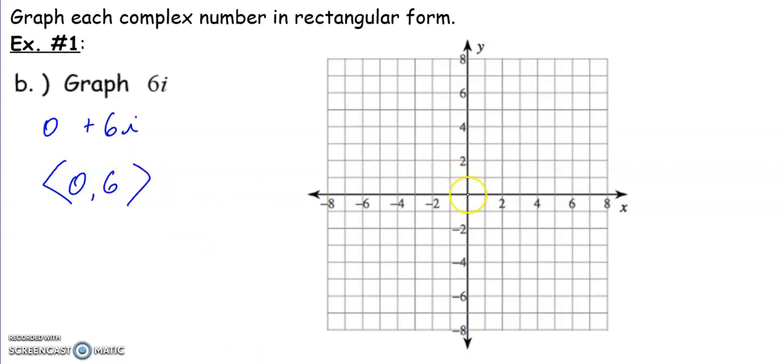From my origin, we're not going to move on the real axis. We are only going to go up on the imaginary axis, 1, 2, 3, 4, 5, 6, and we're going to draw in that vector. Boom, easy. So if you can graph on a regular plane, you can graph on rectangular coordinates.